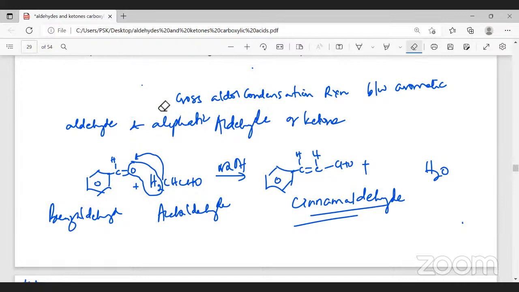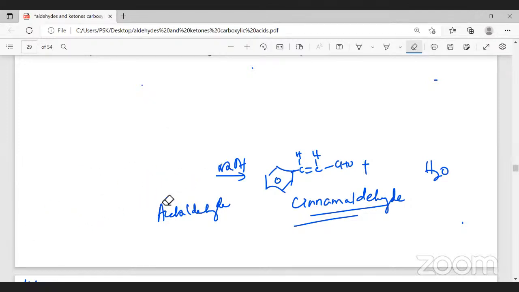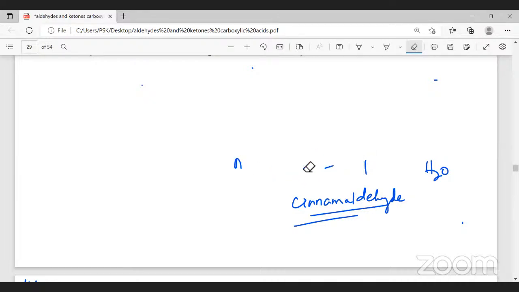The next reaction, the last named reaction in this chapter, is called Perkin's reaction.